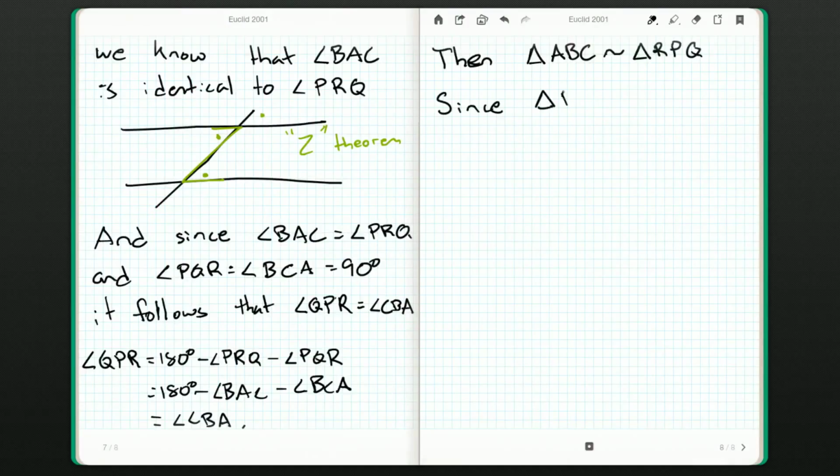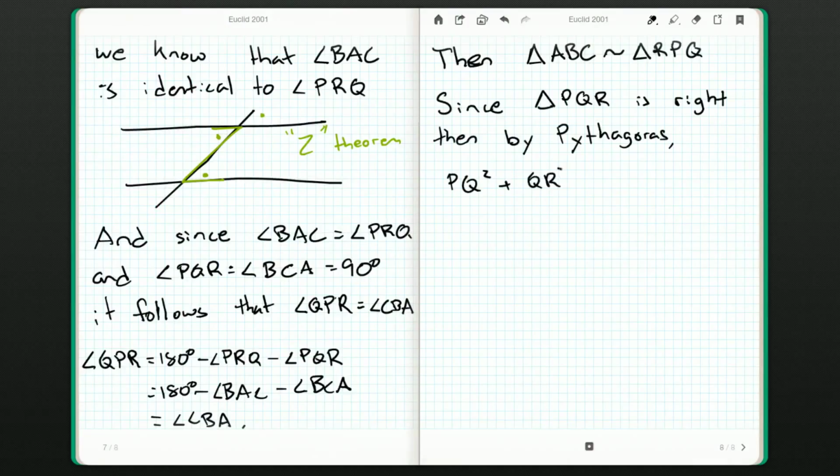Now, since we know that triangle PQR is a right angle triangle, then by the Pythagorean Theorem, we know that PQ squared plus QR squared is the length of the hypotenuse, PR squared.